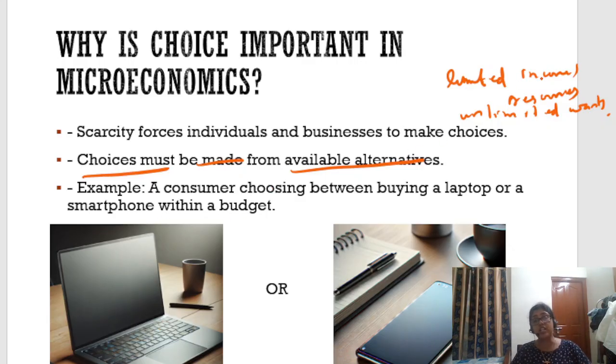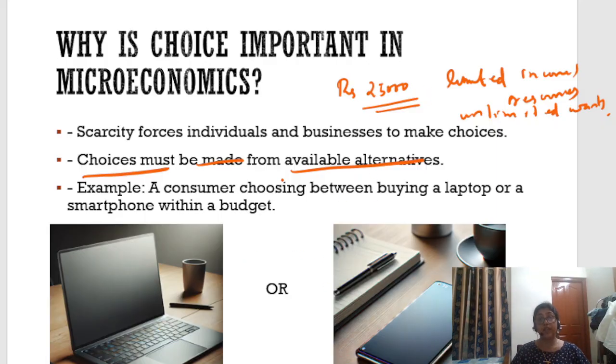Available alternatives means, for example, I have rupees 25,000. I need to buy a laptop and a smartphone, but I couldn't buy both because my budget is rupees 25,000. So I can only buy either a laptop or a smartphone within this budget.